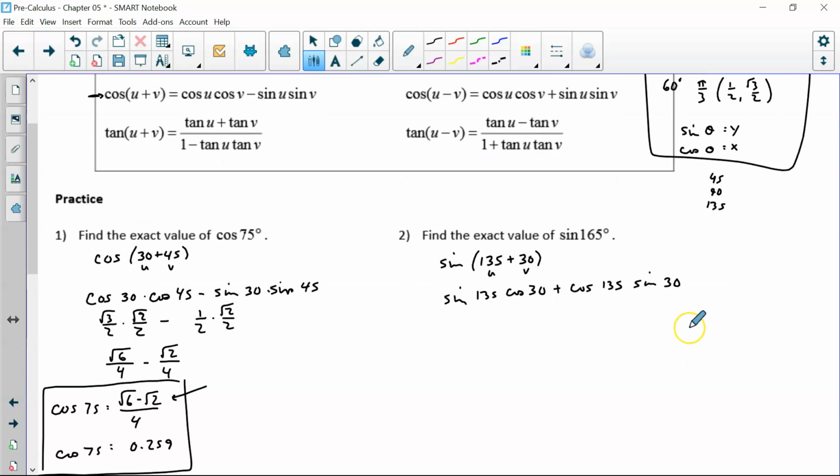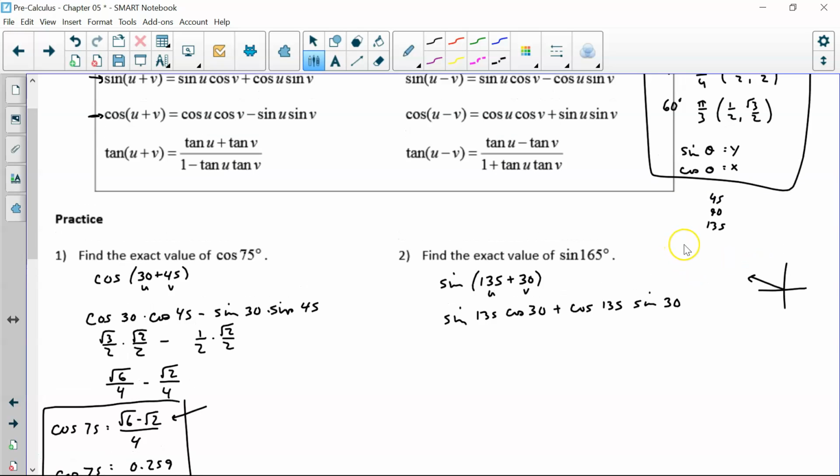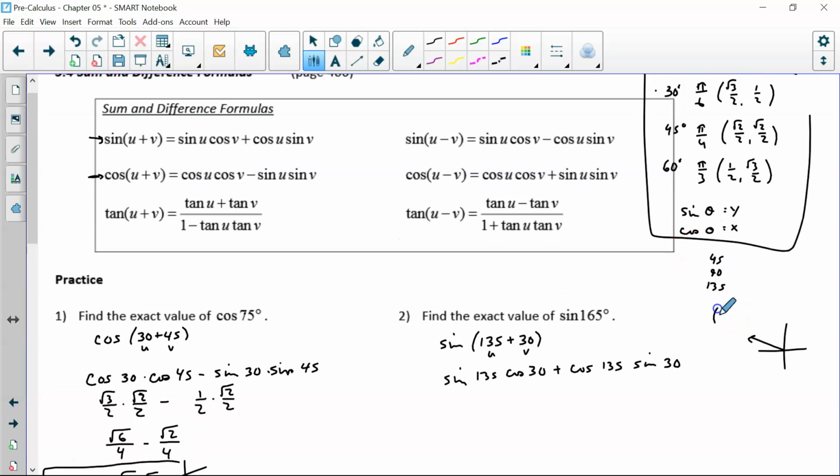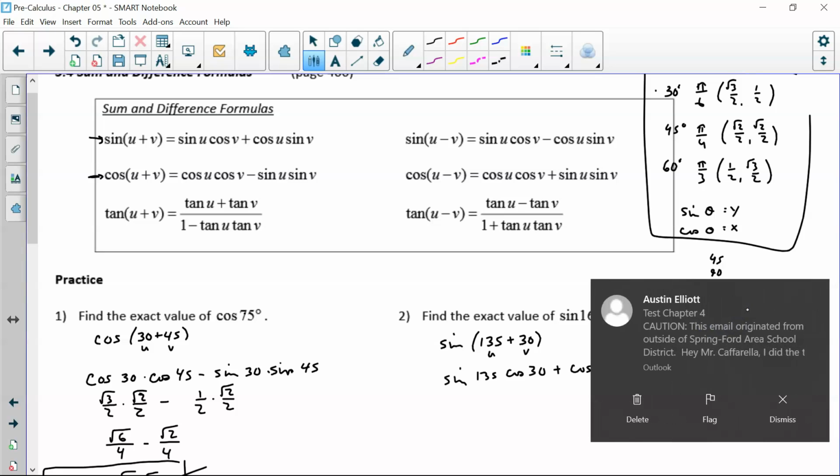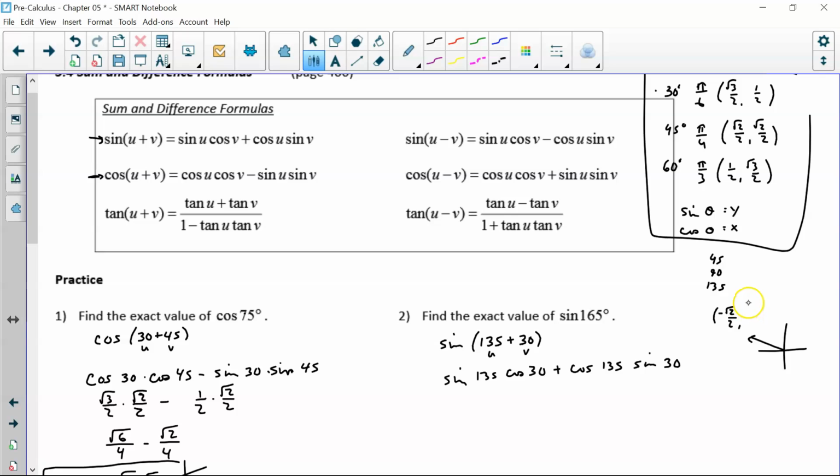This one's a little bit trickier because the sine of 135, if we think about our unit circle, 135 is in quadrant 2. So that point is at negative root 2 over 2 and positive root 2 over 2.